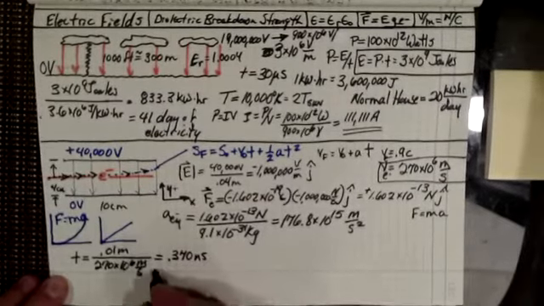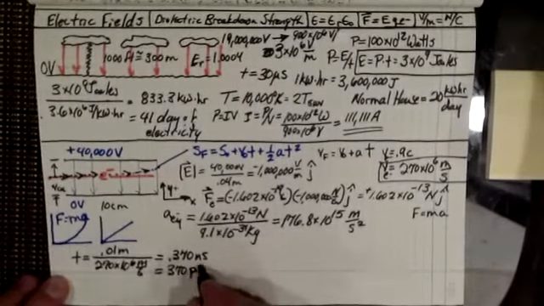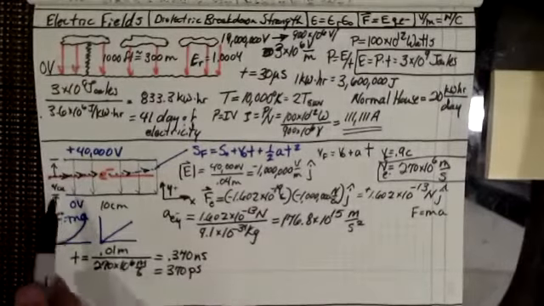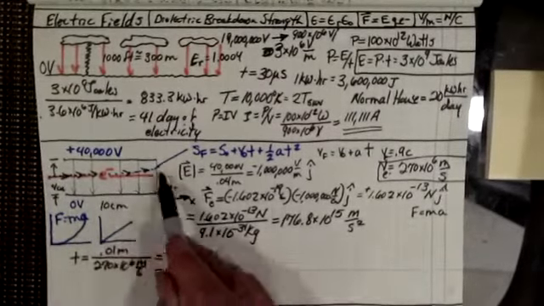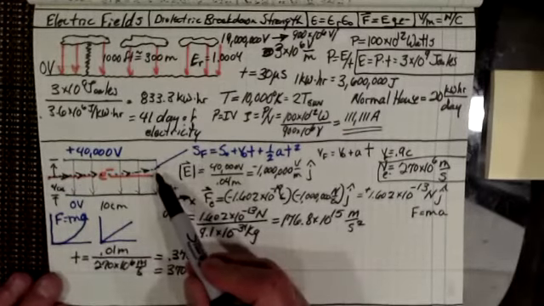Or we could say it was 370 picoseconds, right? That's a very short time to be in there. I wonder how much I get deflected as I'm going through there.